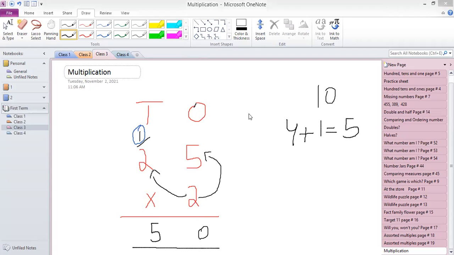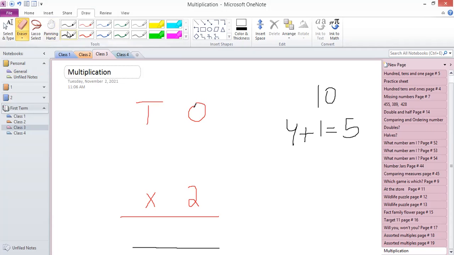Sir, that's very good. We have practiced it in class 2 for these questions also. So this is just to revise and to make you warm up. Let's take one more question. Let's suppose instead of 25 multiplied by 2, it is 48 multiplied by 2.